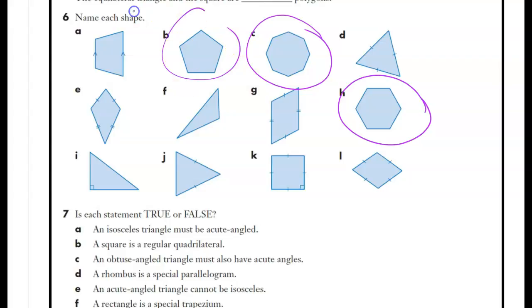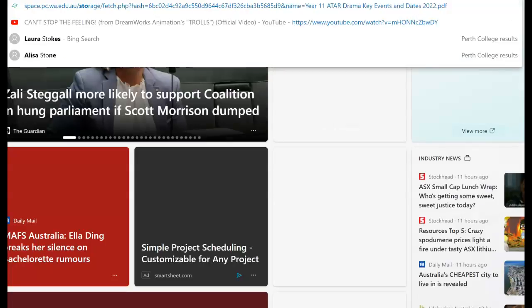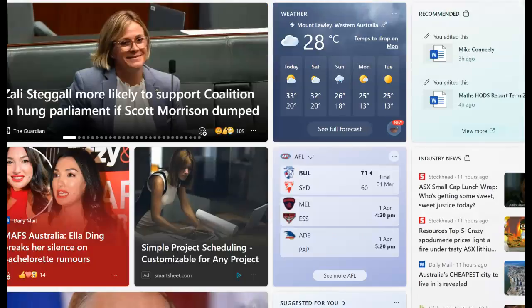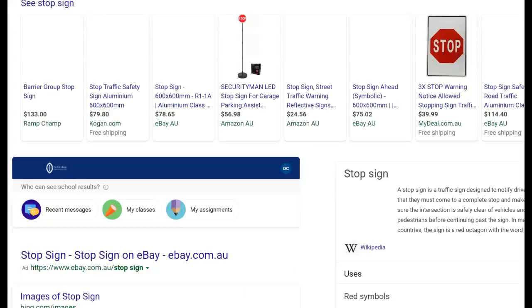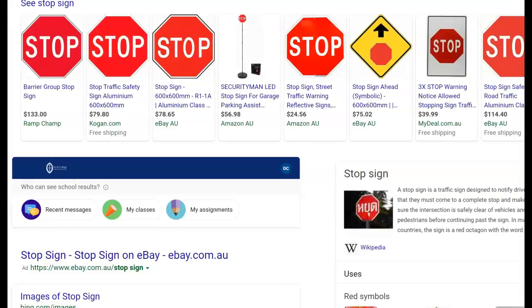There's the pentagon. Is it 8? I don't know. I just see a red sign that says stop. Eight. Okay, there we go. It is an octagon.